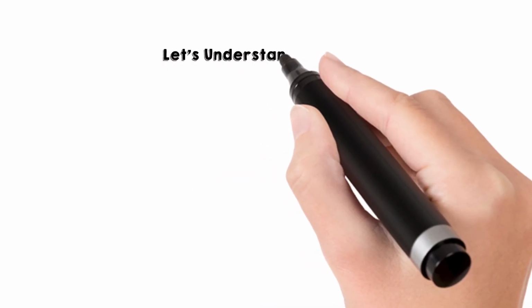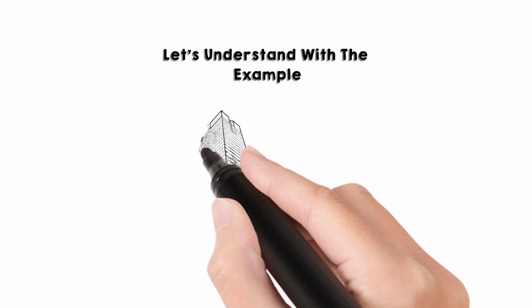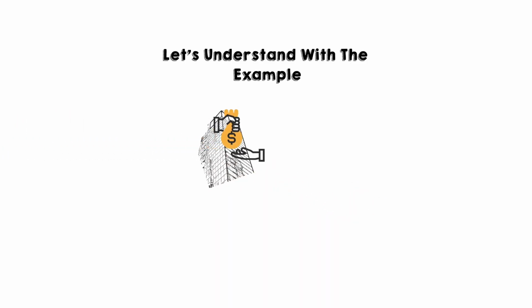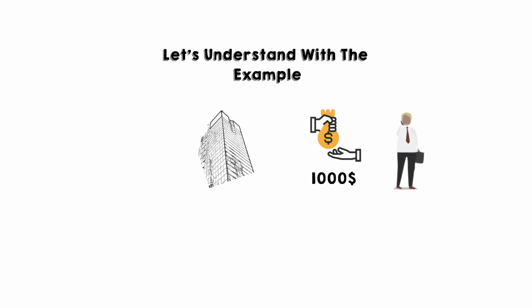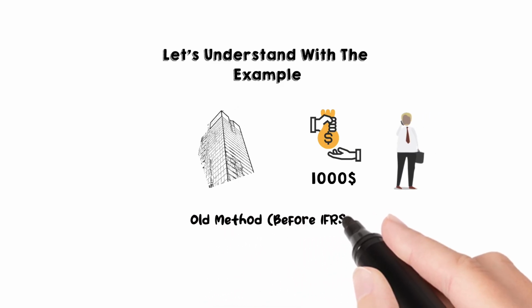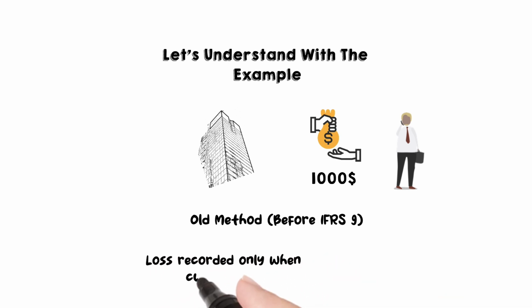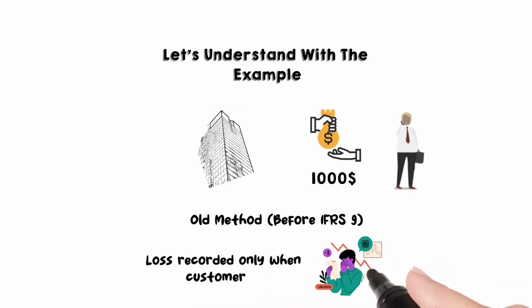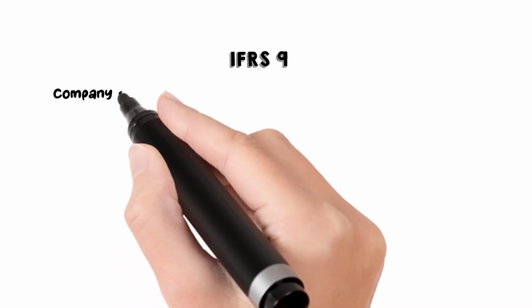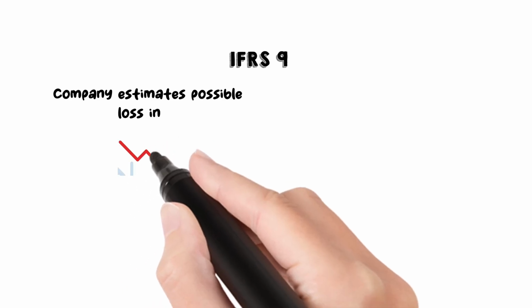Let's understand with an example. Suppose a company gives a loan of $1,000 to a customer. In the old method, before IFRS 9, loss was recorded only when the customer defaulted. Under IFRS 9, the company estimates possible loss in advance.